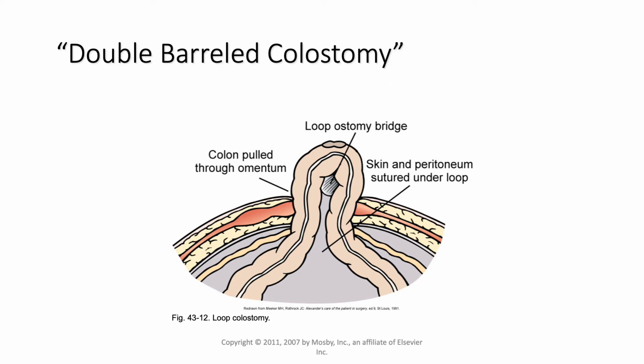Of course, it is made of mucosa, so there is some mucus that's secreted inside that part of the intestine, but usually they'll do this double-barreled colostomy to rest the distal portion of the colon. So the problem would be in that portion, and they would do a double-barrel colostomy.